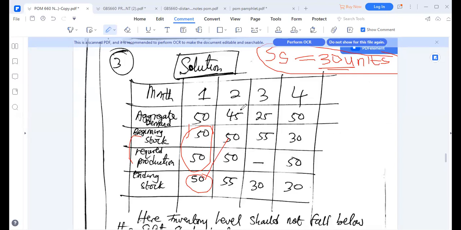So 50 to meet 45, yes, we can, but what we're going to remain with here will be 5. 5 is less than 30 units. So we need to produce the fixed batch of 50. Add these two, which is 100. 100 minus 45 is 55.